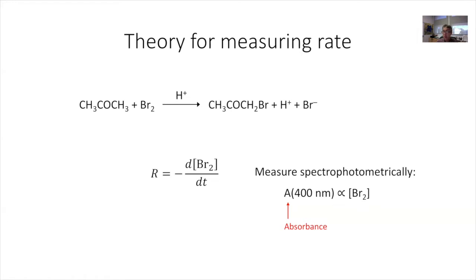Now we have chosen bromine because it's convenient. One can measure spectrophotometrically the concentration of bromine by the absorbance at 400 nanometers. None of the other reactants or products or the catalyst absorb at 400 nanometers. So by measuring the concentration of bromine with time, we can measure the rate of reaction.